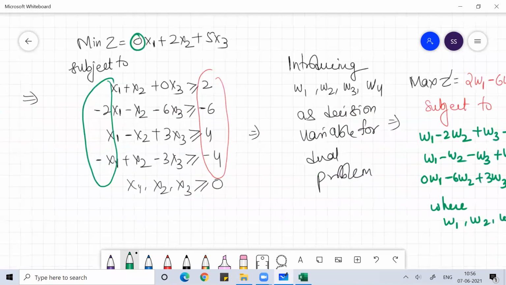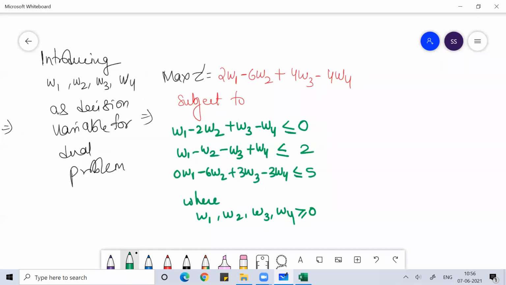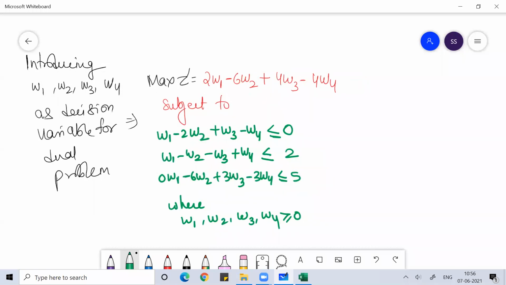Now guys, if you notice in this equation, W3, W4, you can see W3, W4.